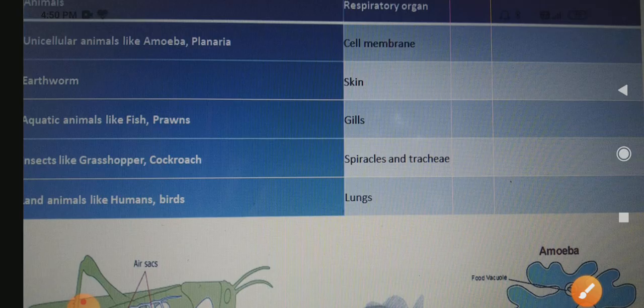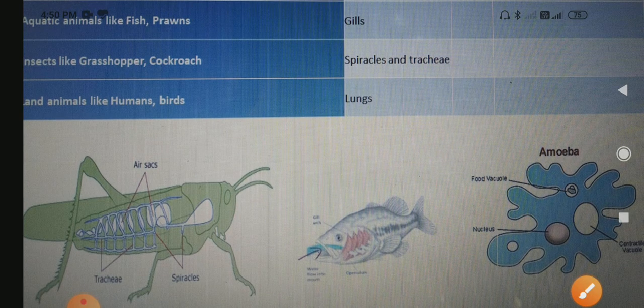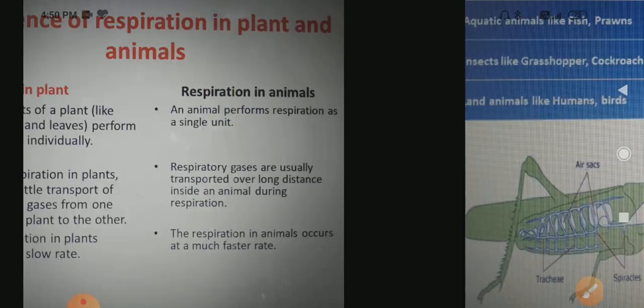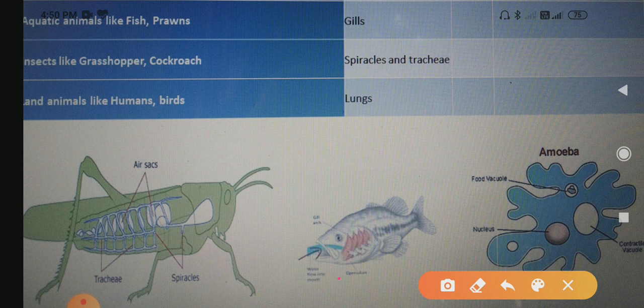Now see the picture of the gills. In the fishes, you can see these structures which are called gills. They take the oxygen from the water which moves in through the mouth and comes out from the gills.